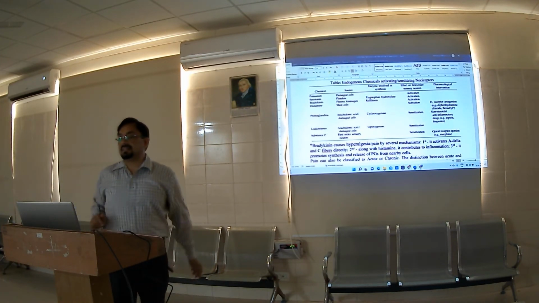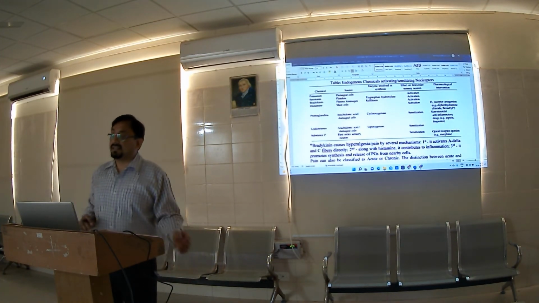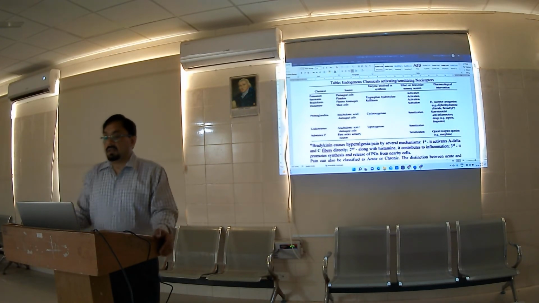Let us see with the help of this table the endogenous chemicals activating or sensitizing the nociceptors.